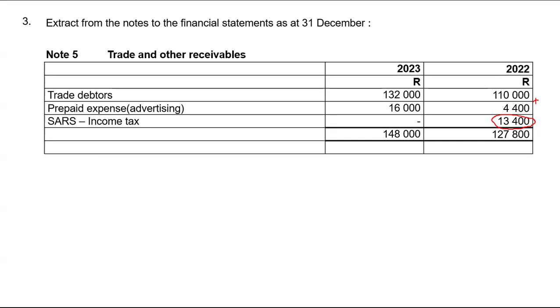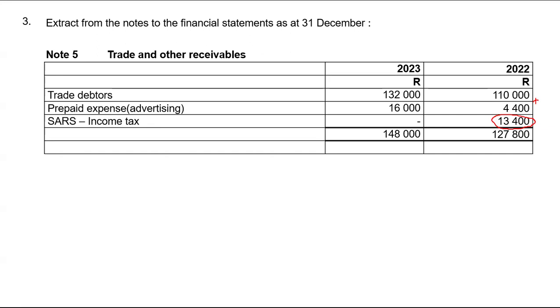And this is one thing that my students keep on leaving out. In trade and other receivables, you always exclude SARS income tax. And in trade and other payables, you exclude only SARS income tax, not SARS VAT.